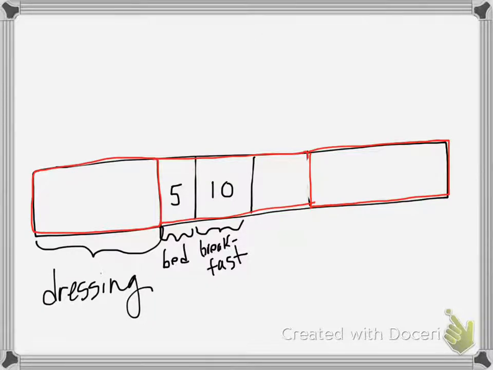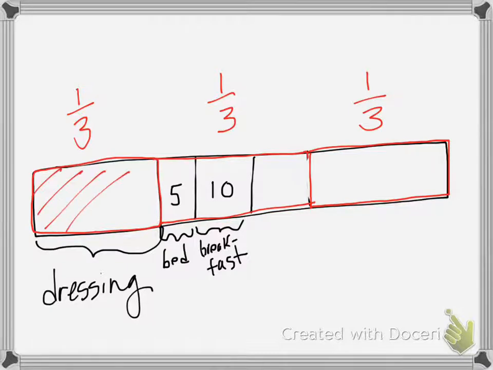So we know that dressing is 1/3 of the total time. Each of these is going to represent a third. The one thing we do know is dressing is going to be a full third. Now we also know that from dressing through breakfast, this is also 35.5 minutes.